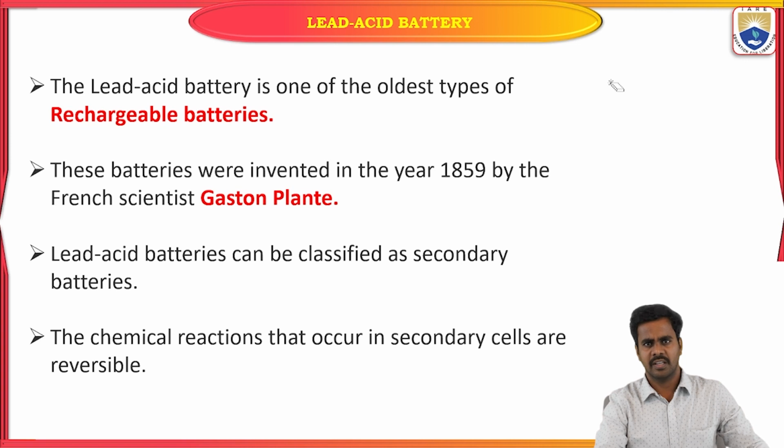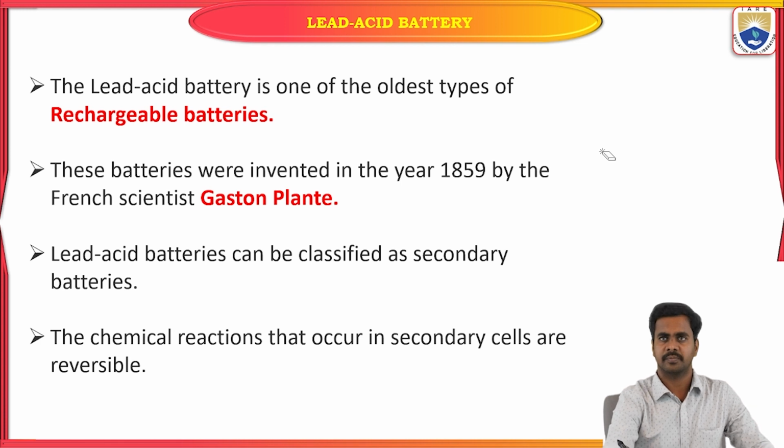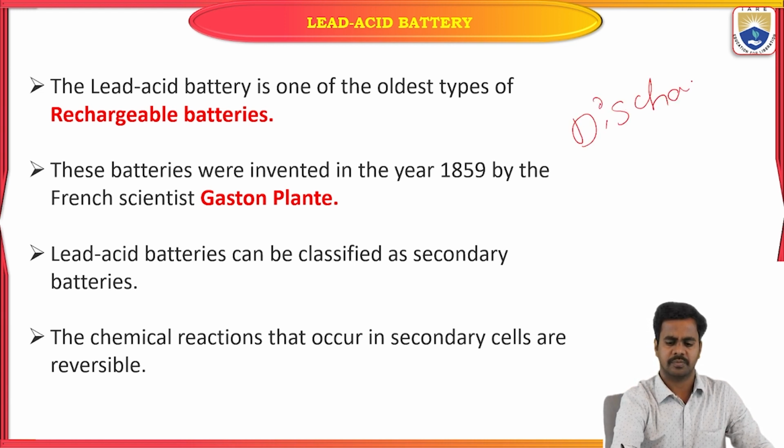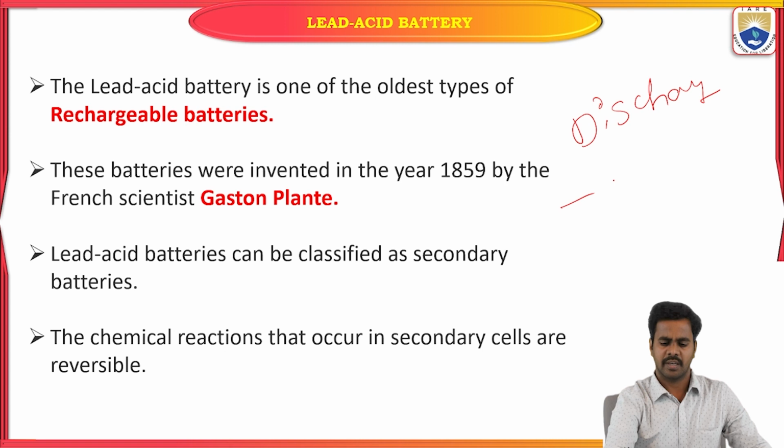A primary battery is nothing but a non-rechargeable battery. In a primary battery, we can observe only the discharging process, whereas in a secondary battery, we can observe both discharging and recharging processes.